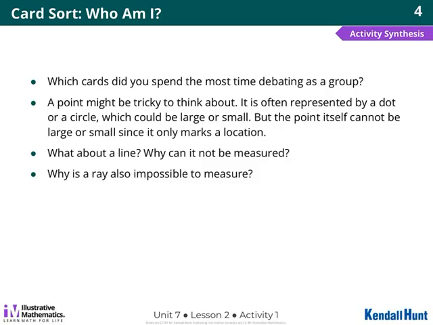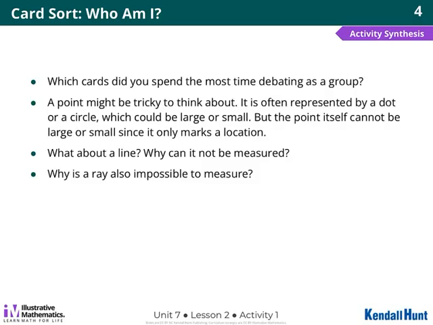What about a line? Why can't you measure a line? Hadley. Because if it has the 2 arrows, then it keeps going on forever. Guys, pull it together. Yeah, so it would have to be a line segment for us to measure it. Otherwise, it's just going to go on forever.